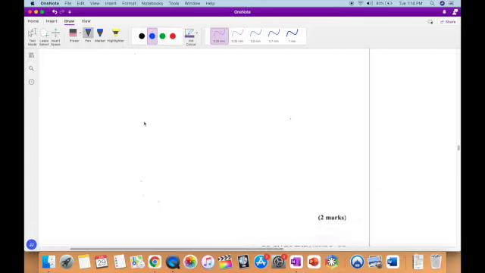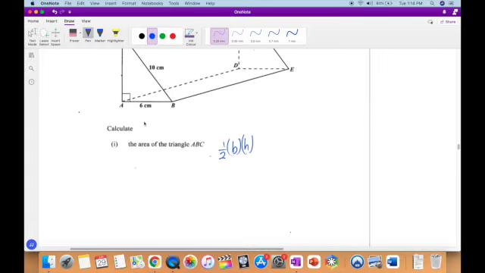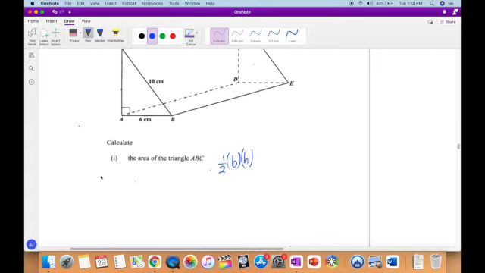I can find it using Pythagoras' theorem. So I will put, and I should make clearer statements like that: area equals a half base by the perpendicular height, and I don't have this, but I can find it using Pythagoras.